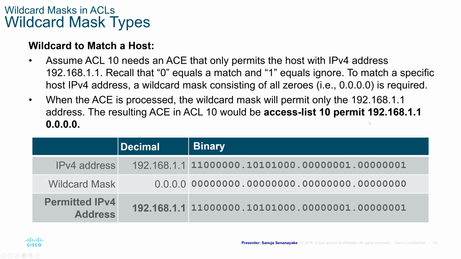So there are wildcard mask types. There is a wildcard to match a host. Assume ACL 10 needs an ACE that only permits the host with IPv4 address 192.168.1.1.